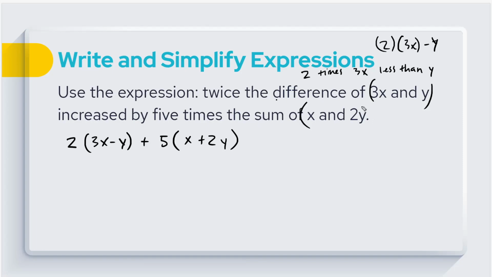The sum is grouping these things together. Okay, so 2 times 3 is 6x minus 2y plus 5x plus 10y. And then we have some like terms here, right? So we need to simplify that. 6x and 5x, that's 11x. Negative 2y and positive 10y, that's going to be positive 8y. And now we've done it. We cannot simplify that anymore.